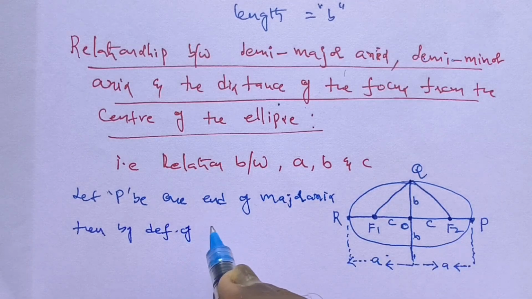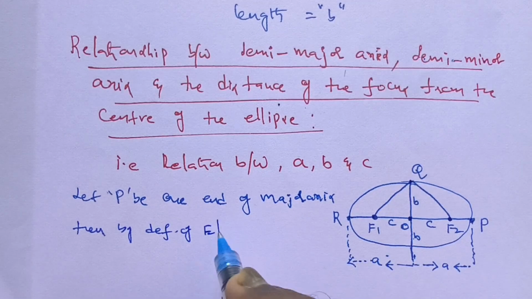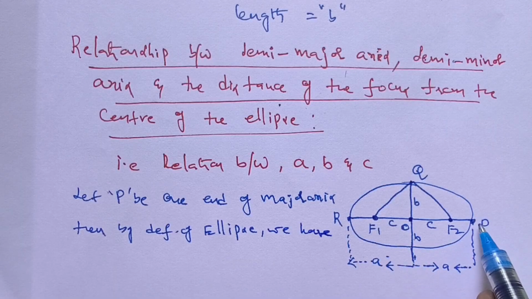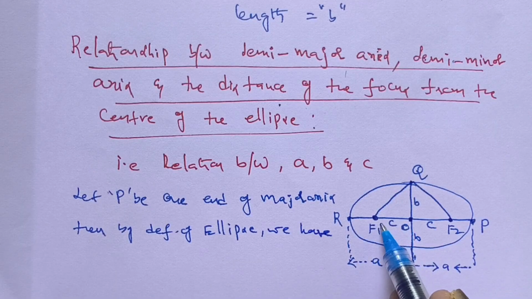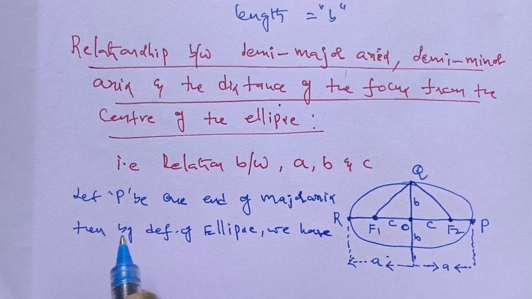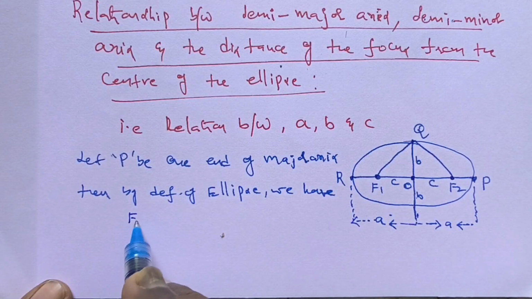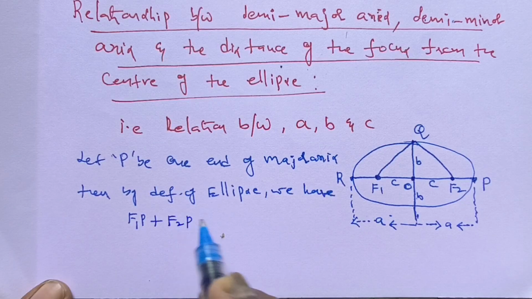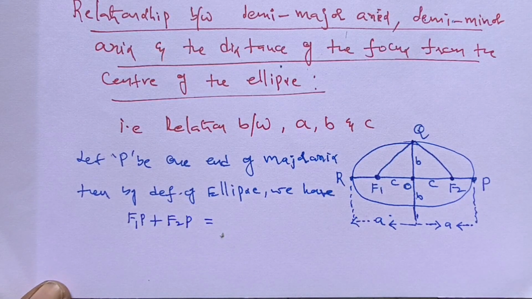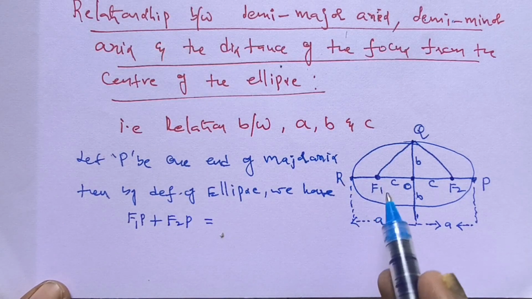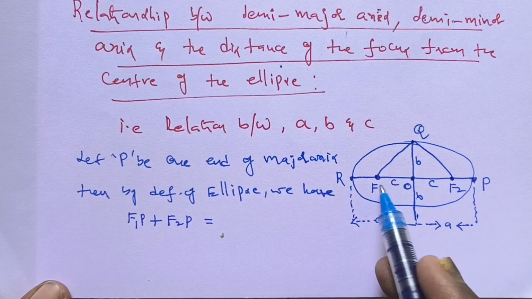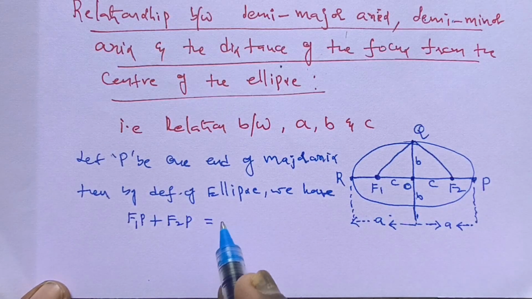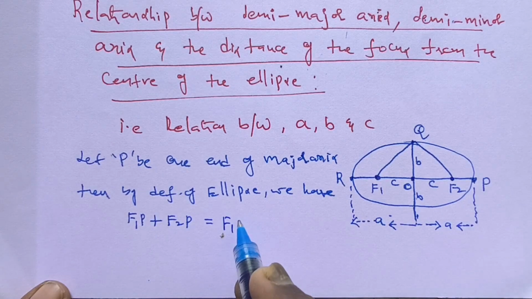Let us choose P, one end of the major axis. Then by the definition of the ellipse, we have the distance from P to F1 plus the distance from P to F2 is constant. So that is F1P plus F2P equals constant. So what is F1P here? F1P can be written as F1O plus OP.